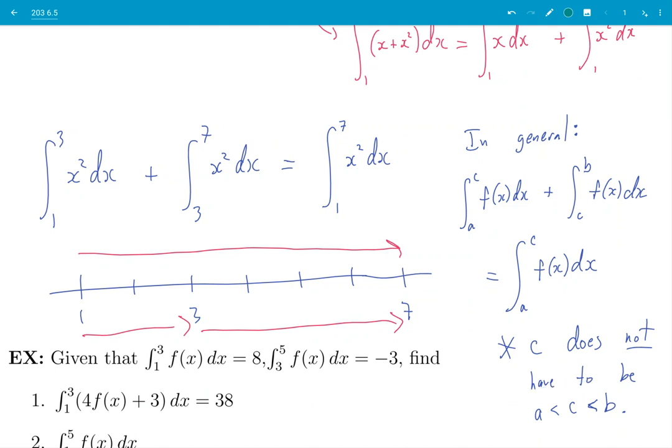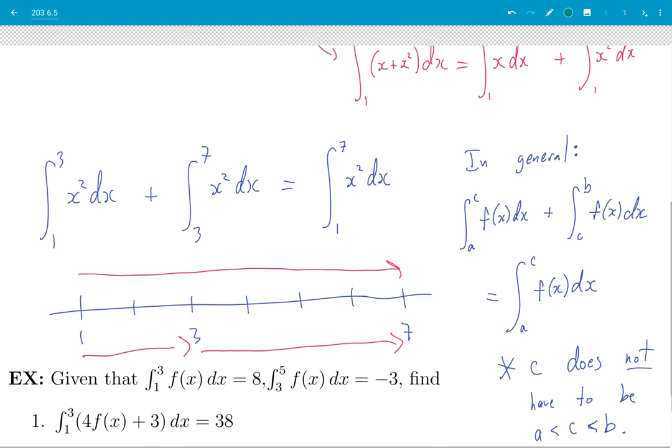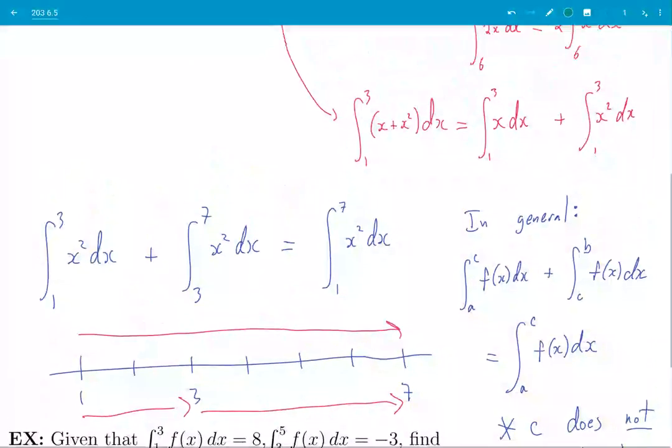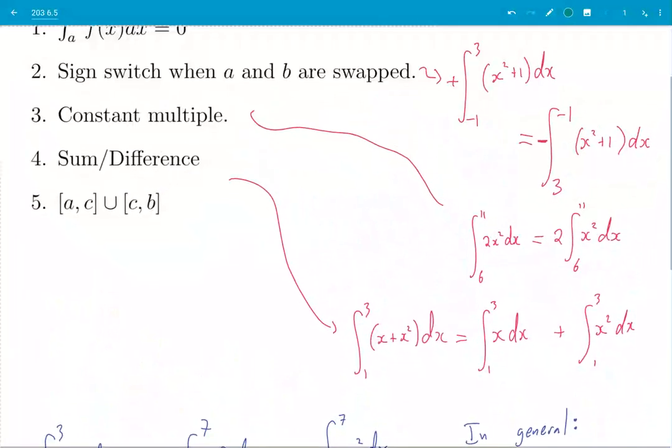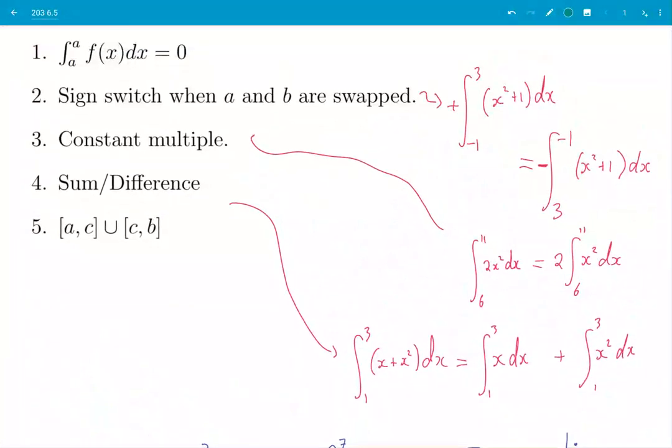Even when I write, it's a bit weird at first. Like here, you often think about the smaller number on the bottom and the bigger number on top, but we don't need that, right?